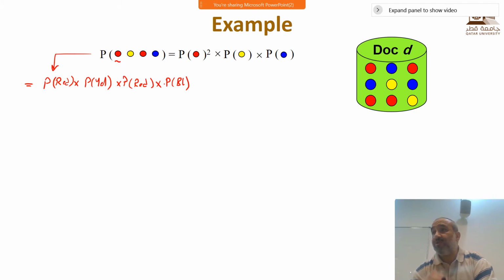That's only because we are using the unigram language model, the query likelihood model, QLM, based on the unigram language model. That's why we have P of red twice. I mean squared. What are the numbers?